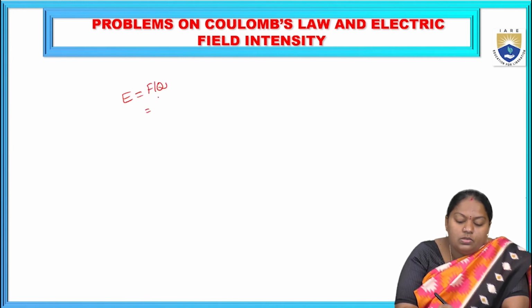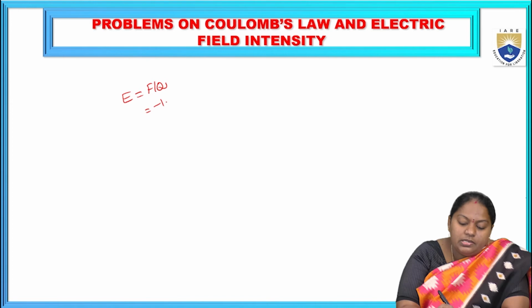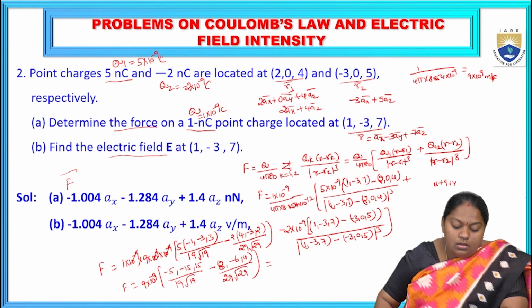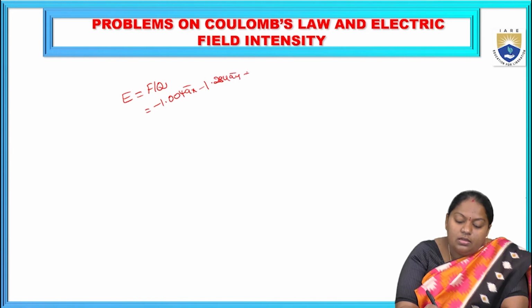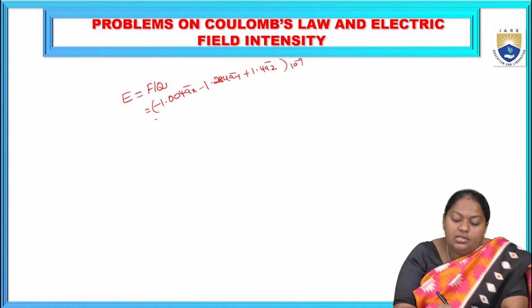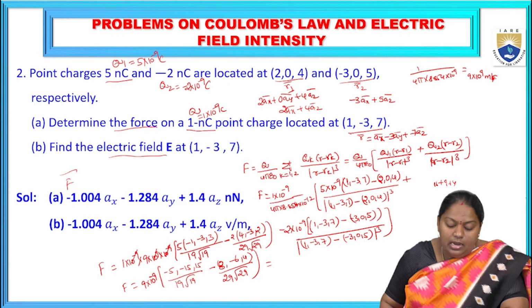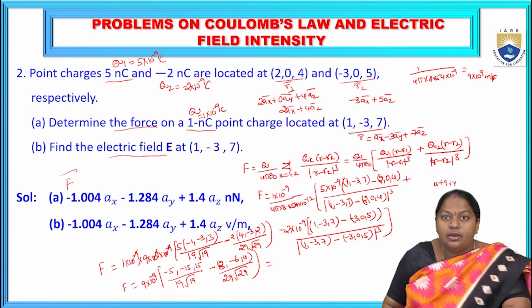F by Q. So the F value is minus 1.004 ax minus 1.284 ay plus 1.4 az, total into 10 power minus 9 newtons, divided by Q. That is the electric force equation obtained from Coulomb's law: minus 1.004 ax minus 1.284 ay plus 1.4 az nano newtons.